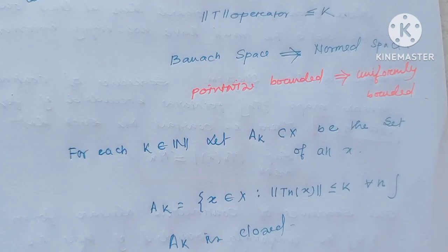The proof is of this type. For each k belonging to N, let Ak be the set of those x in X such that norm Tn x is less than or equal to k, and this is true for all n. We claim Ak is closed.